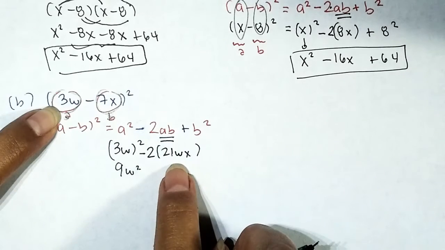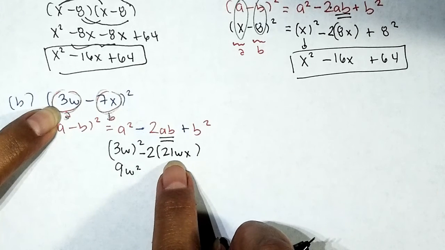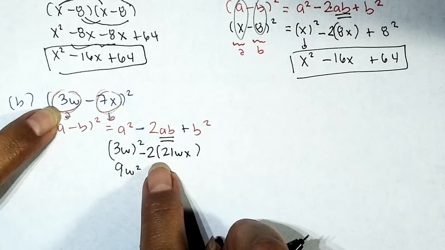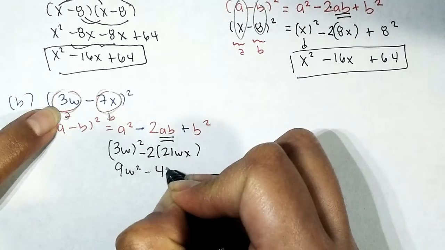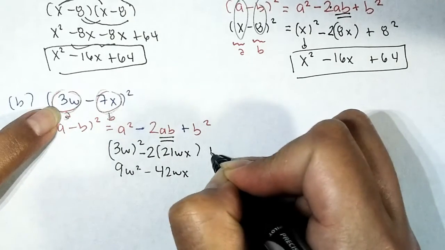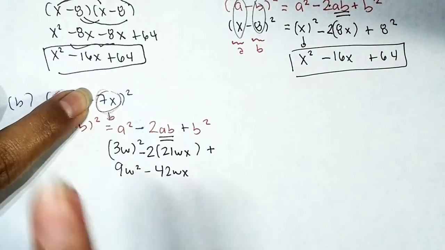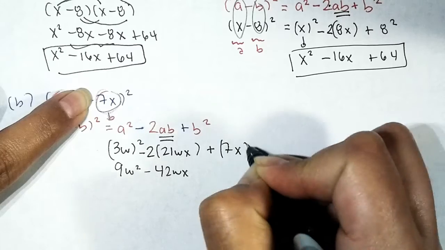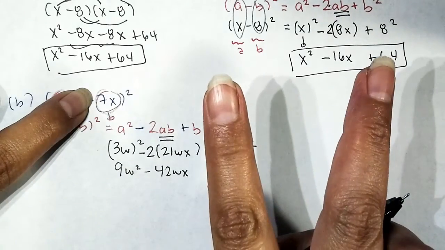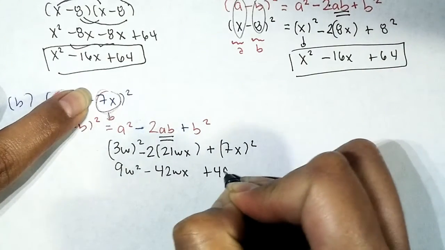And let's go ahead and simplify. 21wx times 2 will give us 42wx. We'll bring down the minus. Always positive, b squared. So we're going to take that b and square it. The square of 7x, 7x times another 7x, will give us 49x squared.